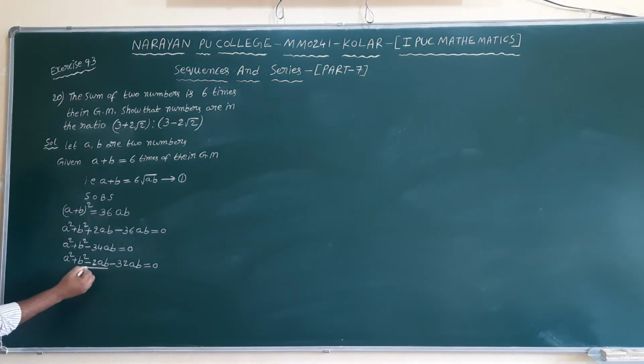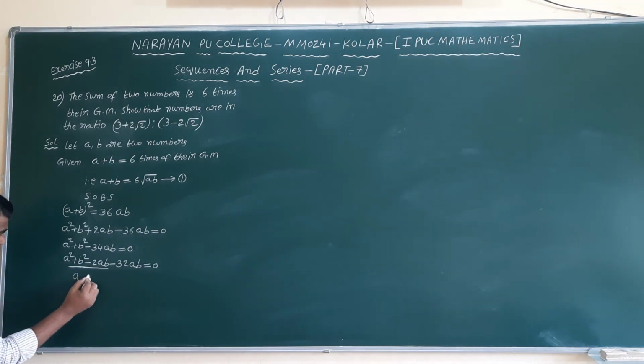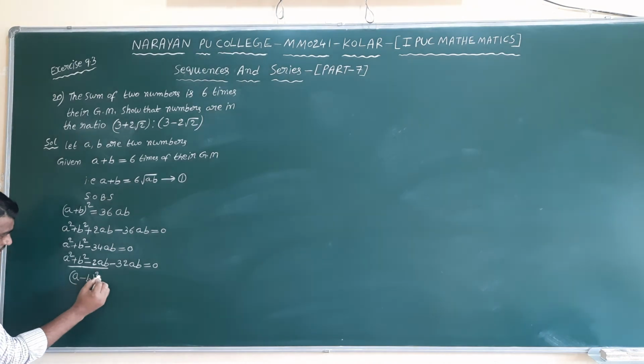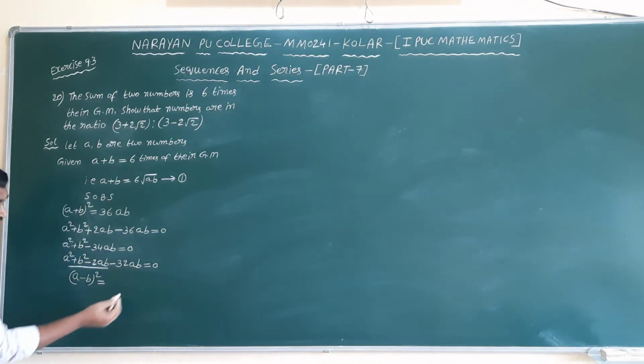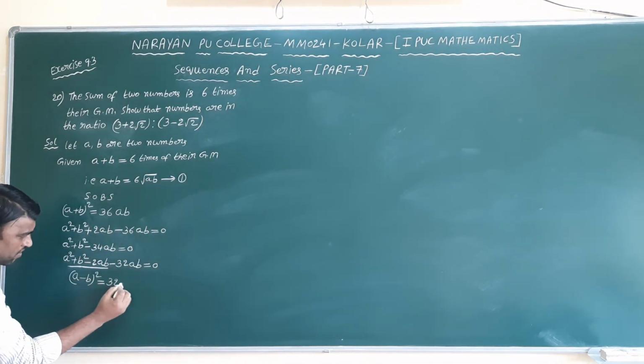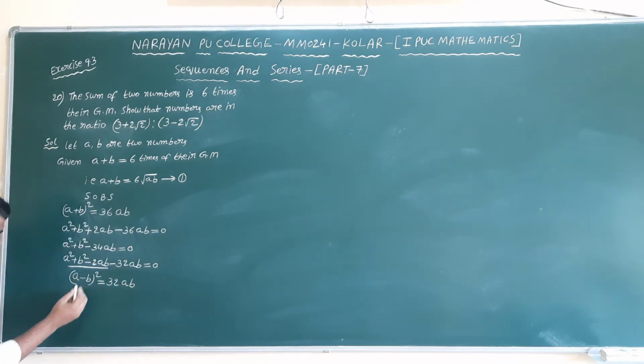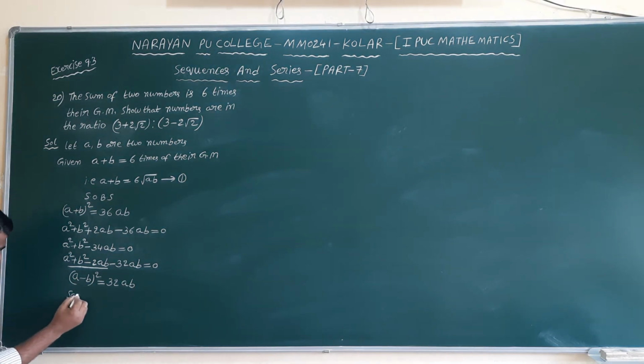Now it is converted into the (a minus b) whole square form. a square plus b square minus 2ab minus 32ab is equal to 0. So (a minus b) whole square equal to 32ab. Now square root on both sides.